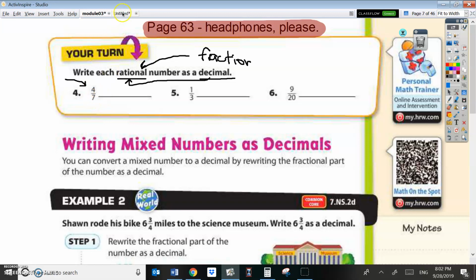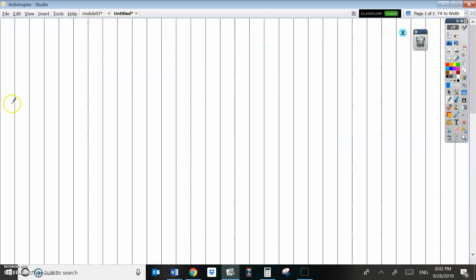We're going to do that by dividing it. 4 divided by 7. Divide the top by the bottom. Put in a decimal and a 0.